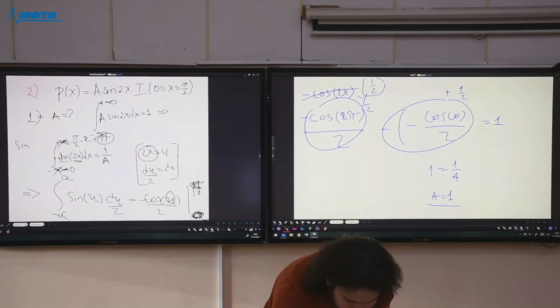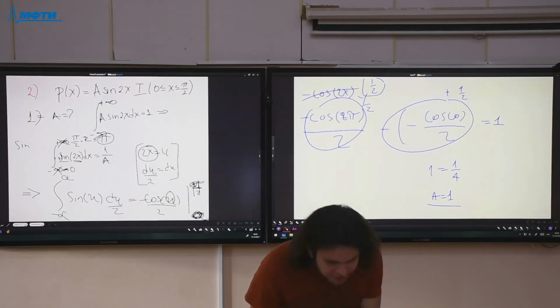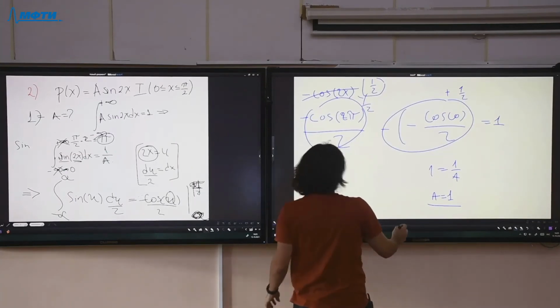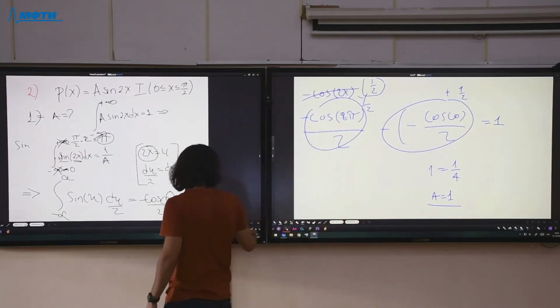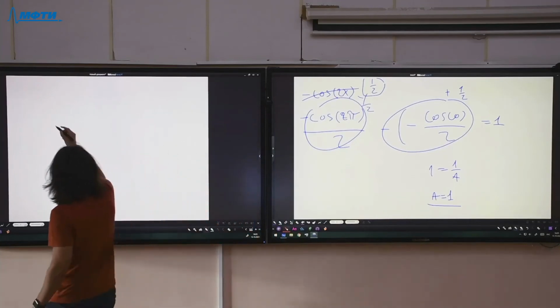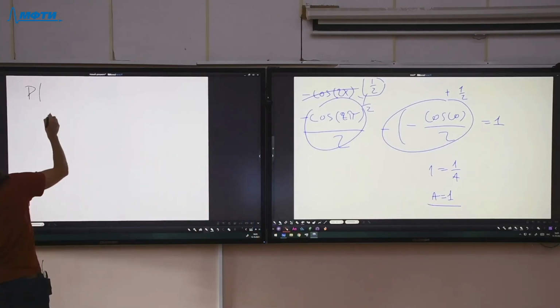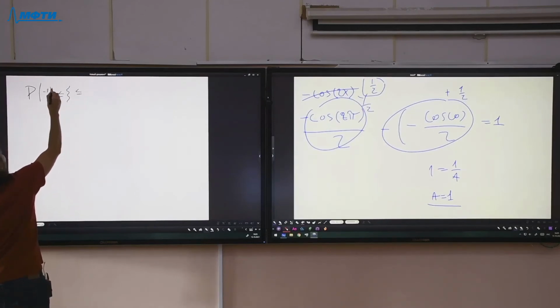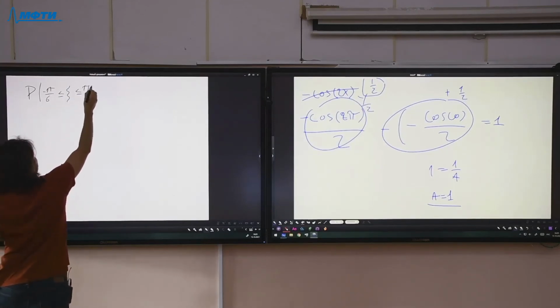So what else do we have? We have to find now some probability, right? The probability that this is between minus... okay, here. So what is the probability that psi is between minus pi over 6 and pi over 6?